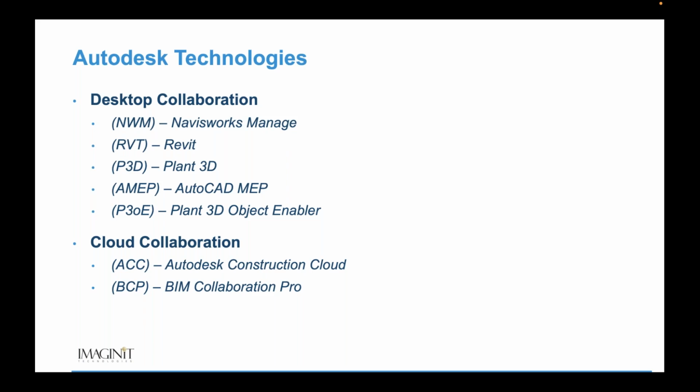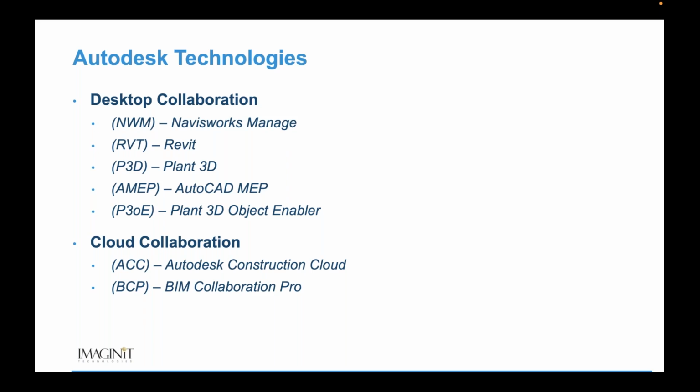The Object Enabler does need to be installed after all of the software, and as we know, Navisworks typically needs to be installed after all of the design tools so that it installs its model exporting tools. Excuse me.